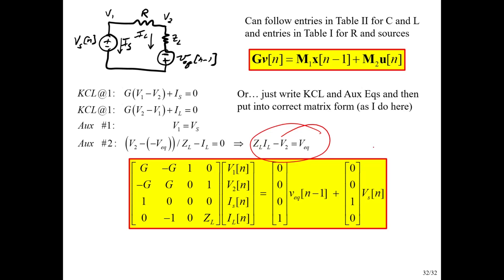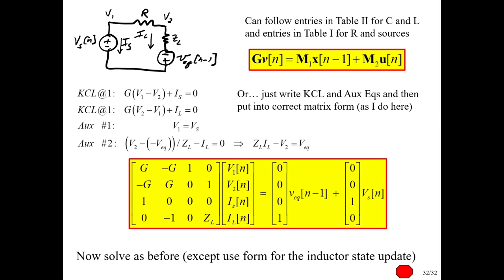So this is just these, well, not that bottom one, it's these 3 plus this one written in matrix form. Now you can go and check. Go to table 1, go to table 2, verify. It'll give you the same exact thing. And now we solve it just as before. I'm not going to go through all the steps, but you could.